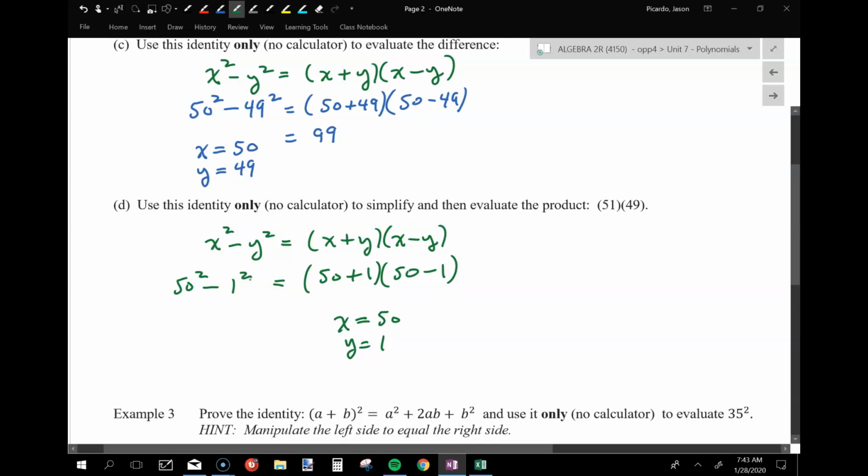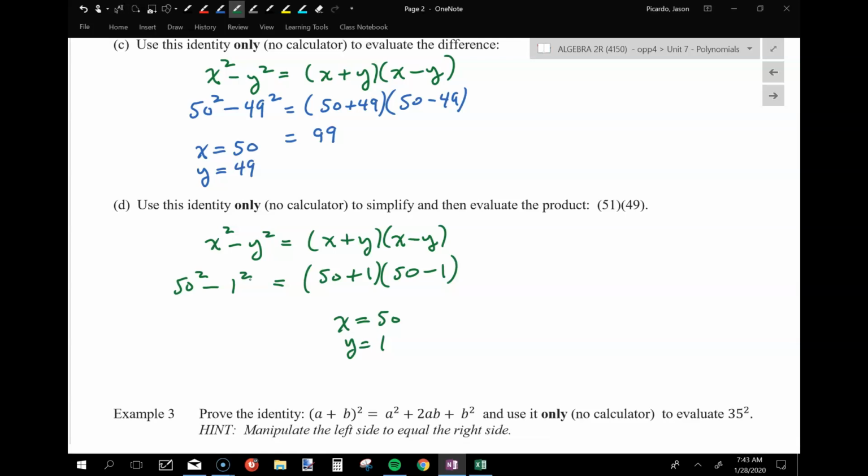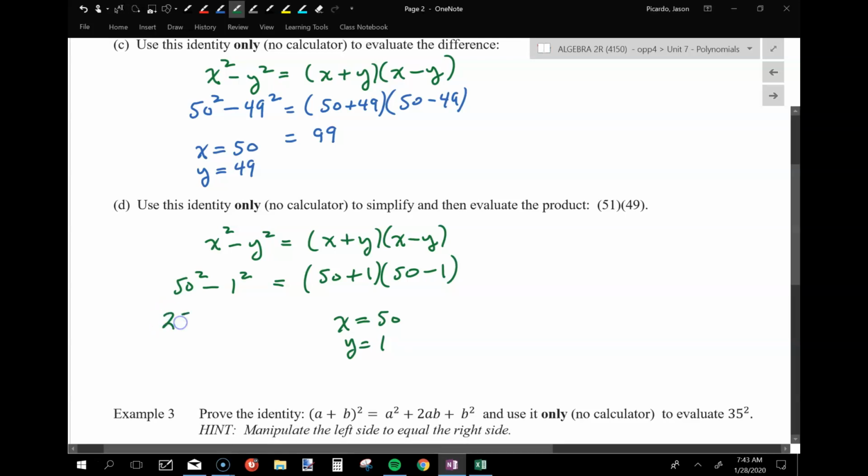What's 50 squared? What's 5 times 5? 25. And how many zeros do I need to add? 50 times 50, so 2 zeros. So it's 2,500. Minus 1, which is 2,499. Again, number theory, right?